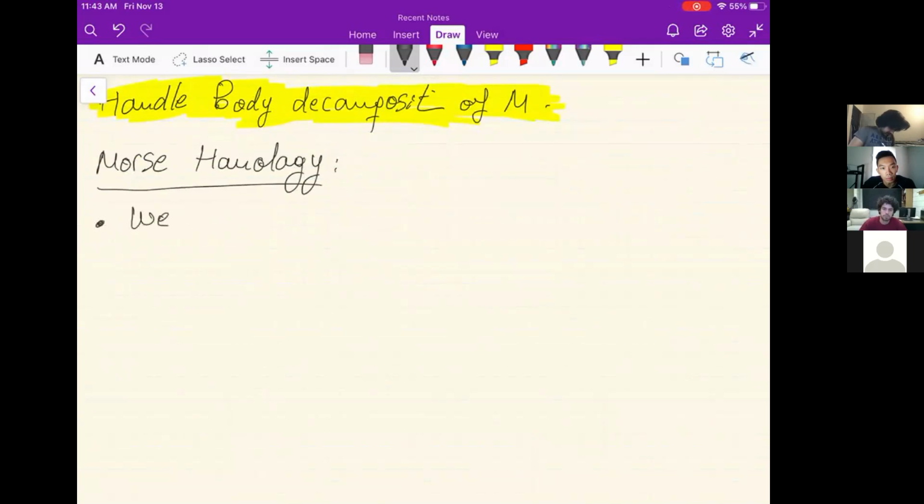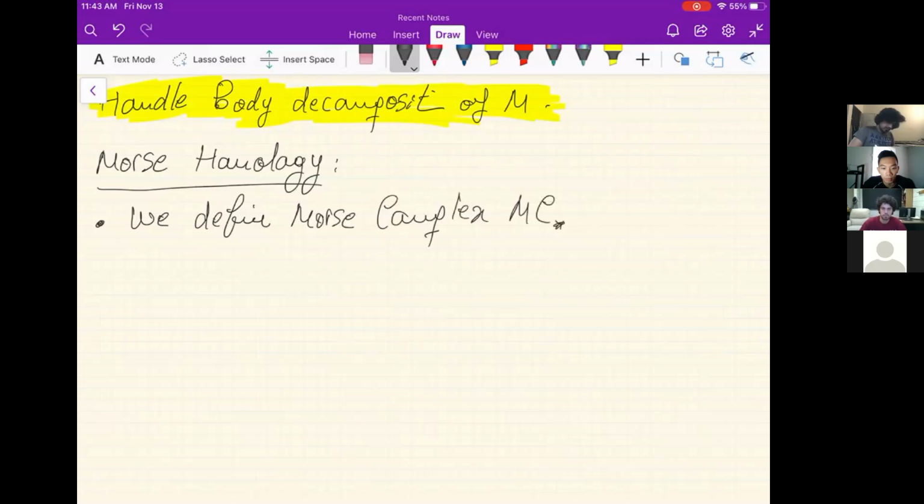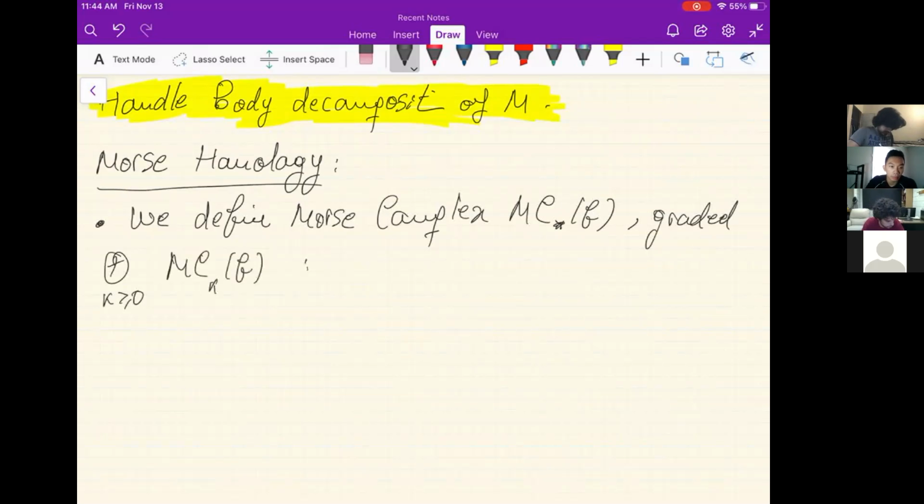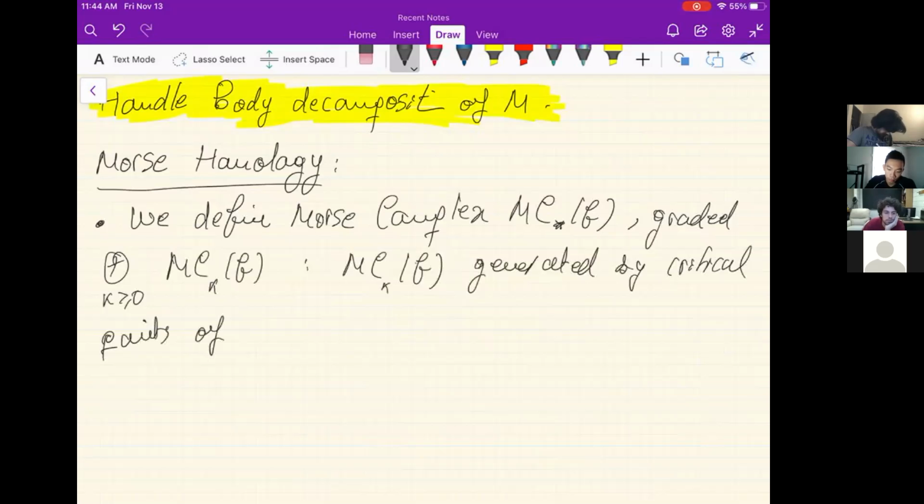So first we define our Morse complex, MC_*(F), to be basically a graded complex, namely you have MC_k(F), where MC_k(F) is generated by critical points of index k with Z2 coefficients.